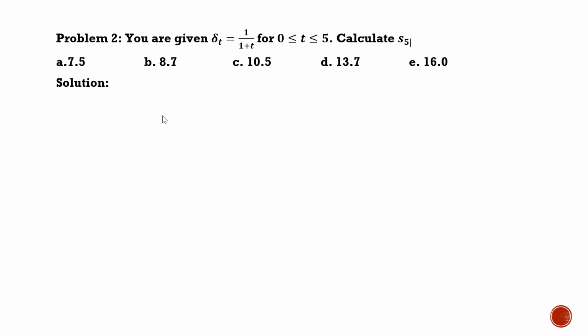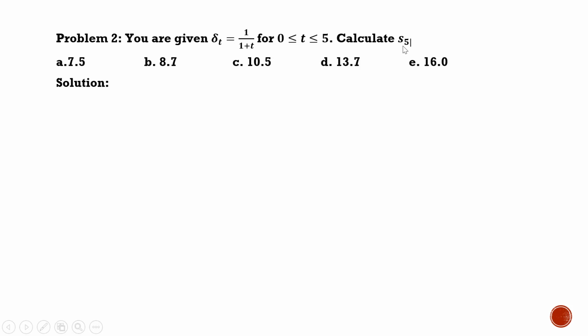Next problem. You are given delta t is 1 over 1 plus t for 0 less than or equal to t less than or equal to 5, and we have to calculate the accumulated value of an annuity immediate S5.